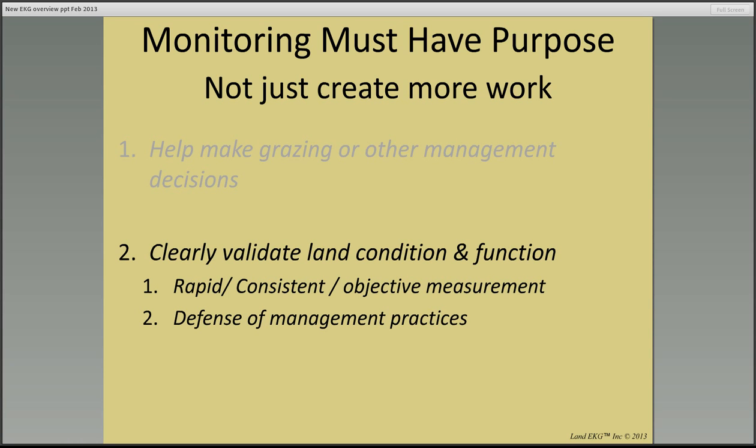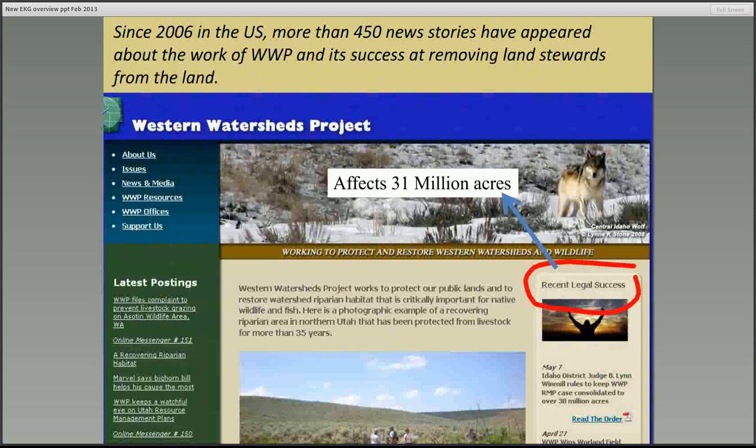And so in our approach, or anybody's approach, quite frankly, the idea is to have a rapid, consistent, and objective way to take measurements that allows you to defend or substantiate the results of the management practices. An example of some of the pressures: there's a number of environmental groups out there.